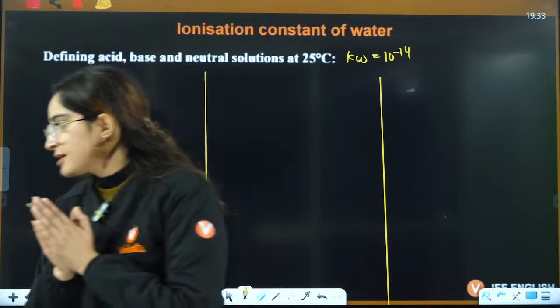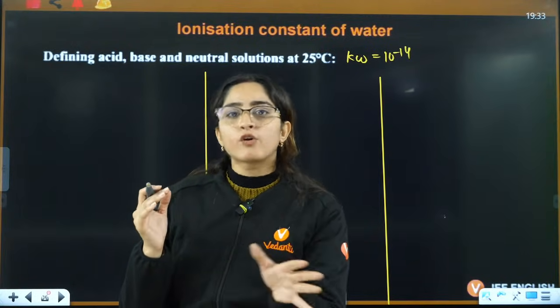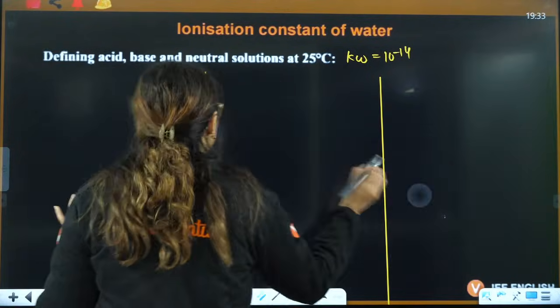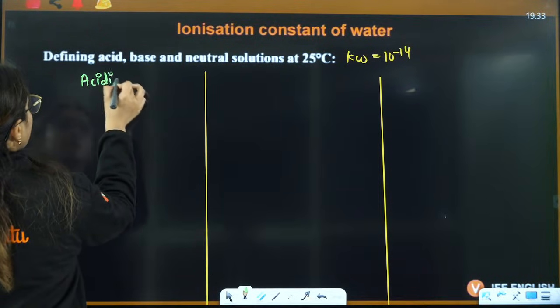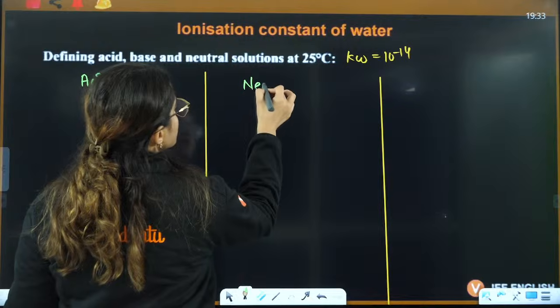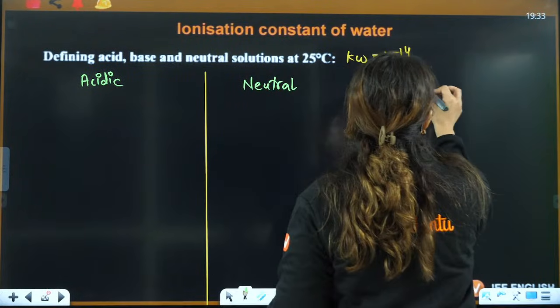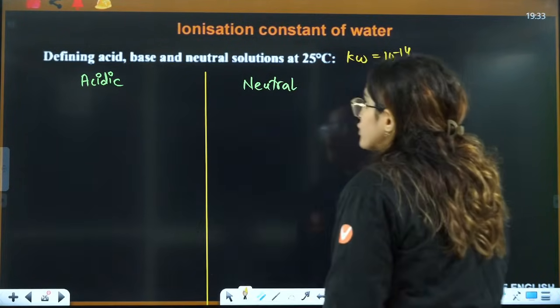Kw will not change at a constant temperature, not at all, right? So I can write first is an acidic solution, then there is a neutral solution, then there is a basic solution, right?